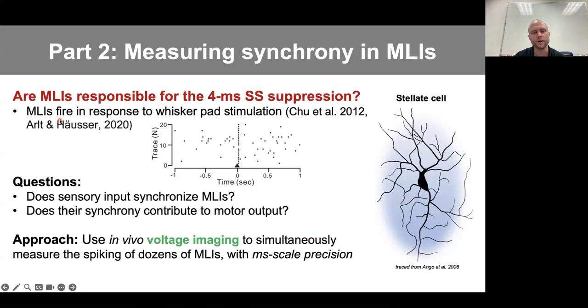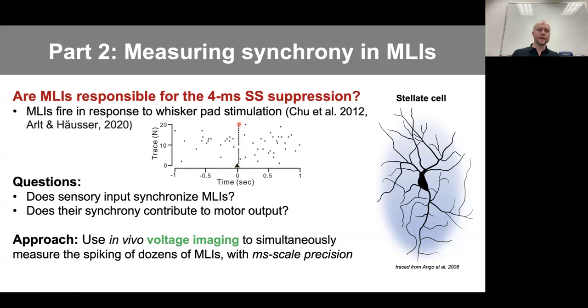And it's known also that when one gives air puffs to the whisker pad and records from Purkinje cells, or sorry, molecular layer interneurons in CRUS-1 and CRUS-2, they will find more often than not that MLIs fire spikes.